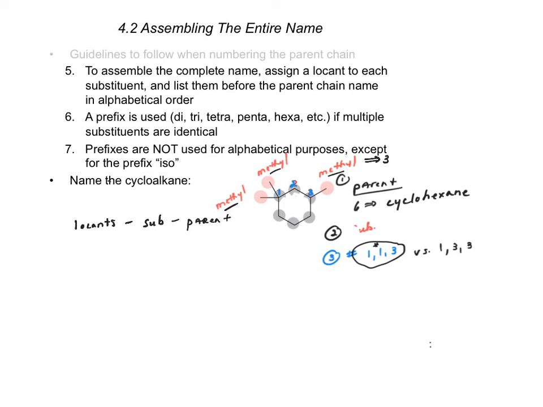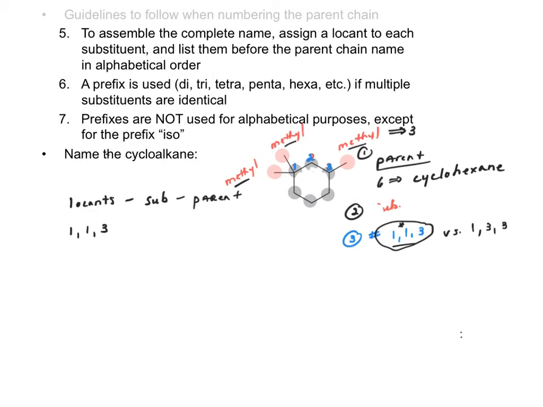We're going to first start with our locants, right? So anytime we separate a number from a number, we utilize a comma when we start to assemble the full name. So first thing first, we have locants. Again, those are all numbers, so we're gonna separate them via comma. Now, anytime that we have a number separated from a letter, we're gonna use a hyphen, right?